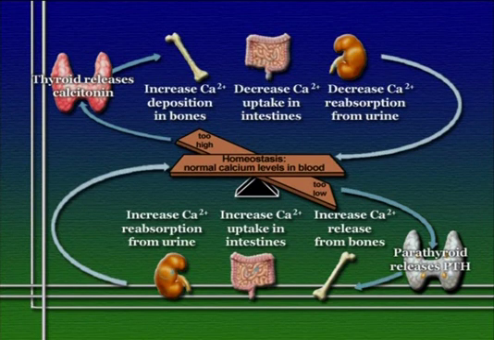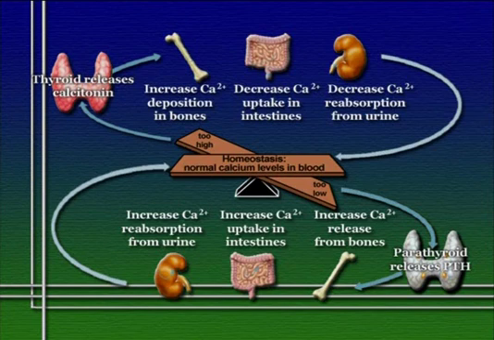Note that these hormones both exert their action through the coordinated response of several different targets, similar to what we saw for epinephrine. Note also that both calcitonin and PTH regulate blood calcium level through negative feedback, as we would expect for any homeostatically controlled mechanism. But also note that they do so in a completely antagonistic fashion.